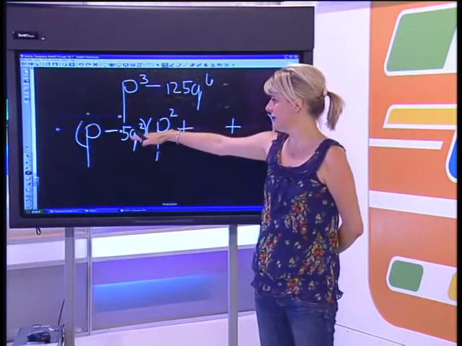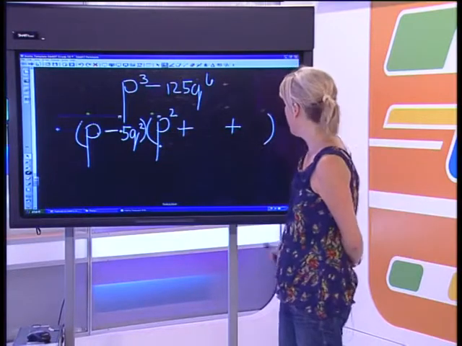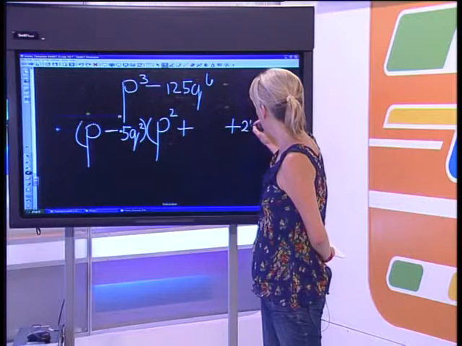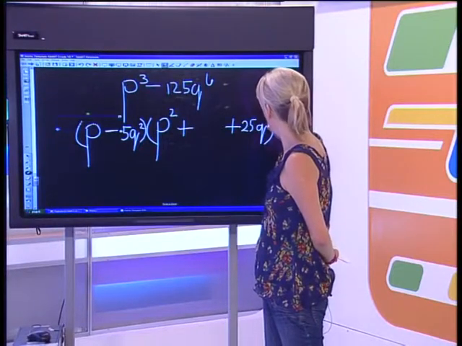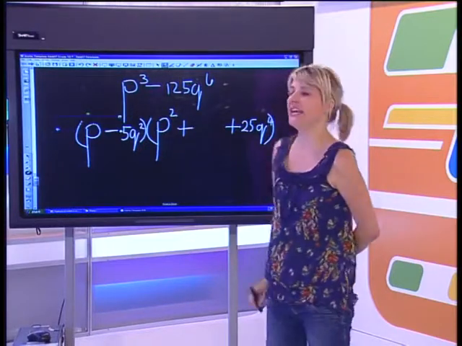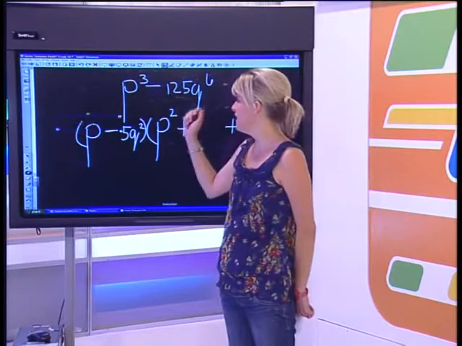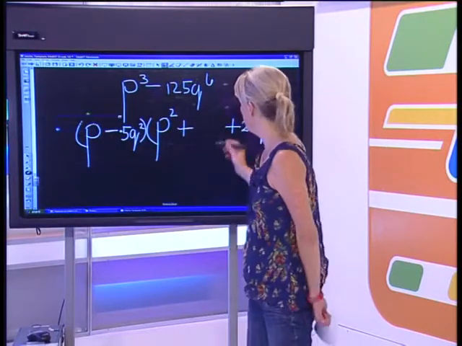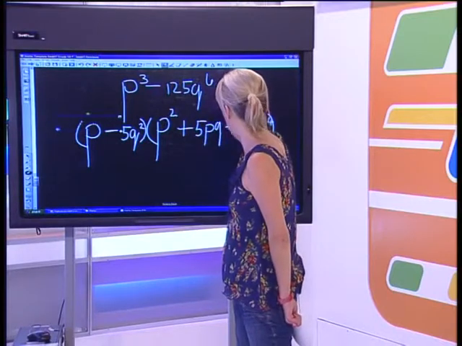Then I look at the second term in my small bracket and I say, what is 5q squared multiplied by 5q squared? Well, that of course is 25q to the power 4. And then I multiply the two terms with each other. So I say 5q squared times p, and that then gives me 5pq squared.